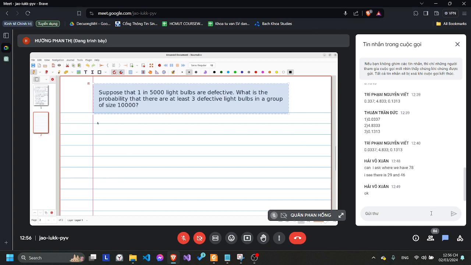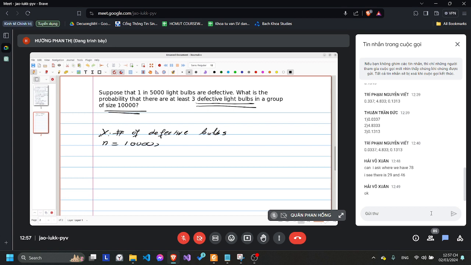In this example, we are interested in the number of defective light bulbs among a group of 10,000. So if we denote S as the number of defective bulbs, we are considering a sample of n equals 10,000.